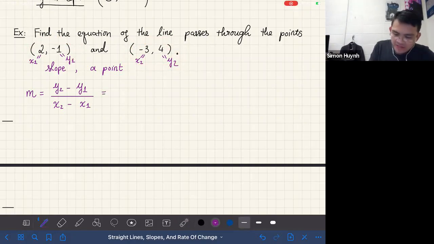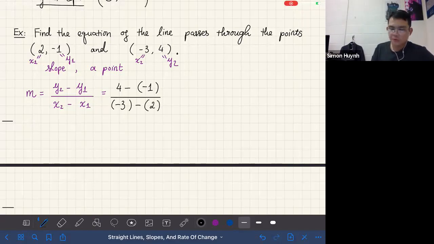Here, plug the values into the formula. y2 is 4, minus y1, which is negative 1, so 4 minus negative 1, divided by x2, which is negative 3, minus x1, which is positive 2. So this equals 4 minus negative 1, that's positive 5, divided by negative 3 minus 2, that's negative 5. So we get negative 1 as the slope of this function.